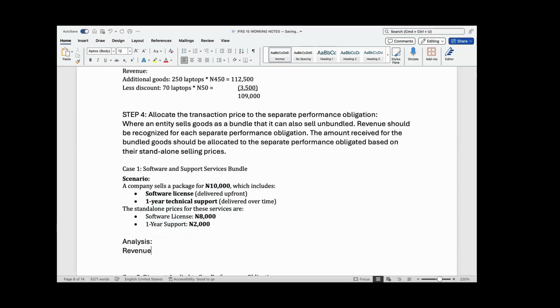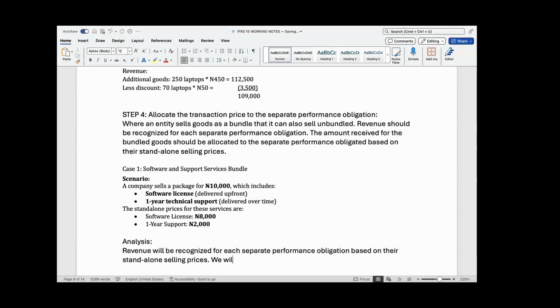So if I were to analyze this, revenue will be recognized separately for each separate performance obligation based on their what? On their standalone selling prices.